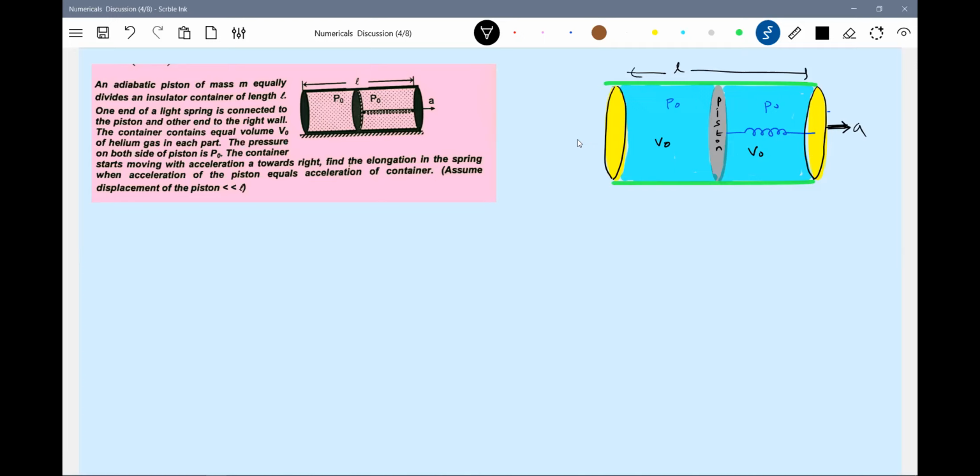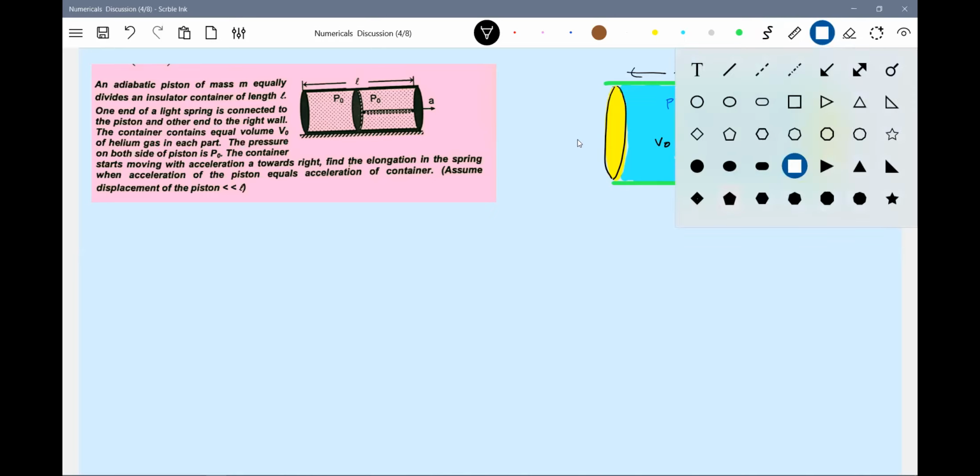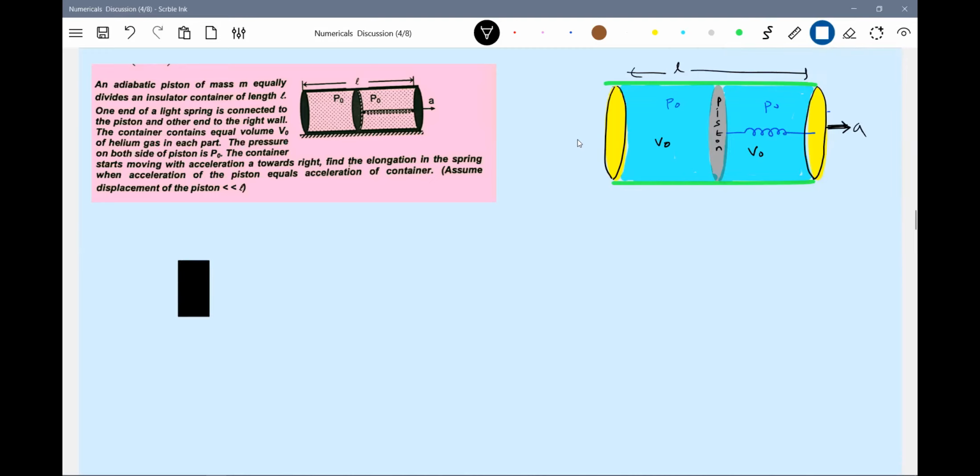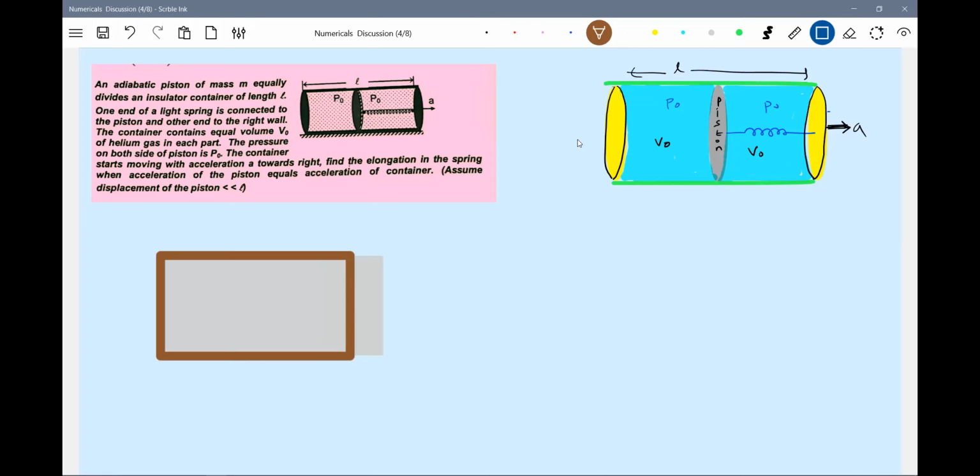I think we can make the problem a little easier if you think in terms of the piston being here now.